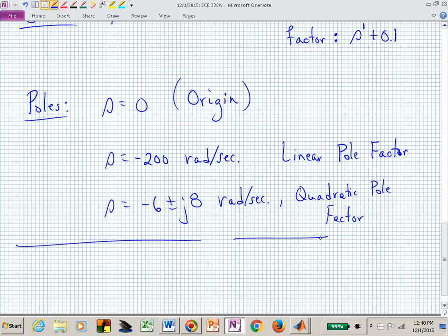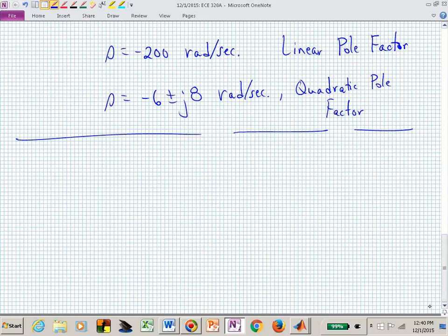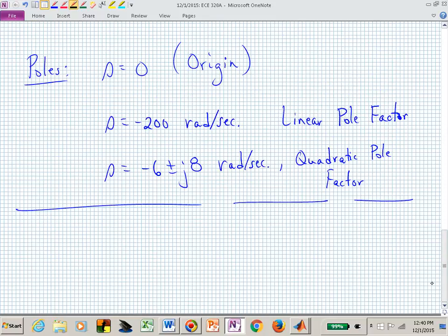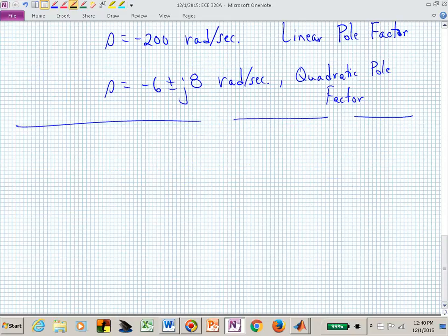Now, you will thank me later, but we are actually going to approximate or modify this complex factor so that it's easier to sketch. We said we're trying to do these sketches quickly, meaning let's figure out how we can approximate these complex poles as basically two real poles.